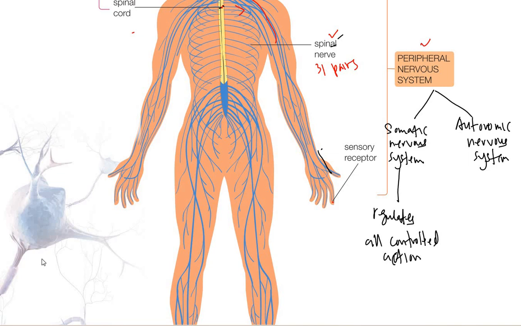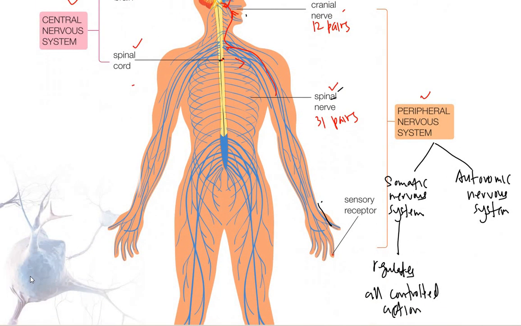So maybe the sensory receptor here detects the stimulus. The impulse will flow into the cranial nerve. We go to the cranial nerve and then go to the brain, to the cerebrum. So this is for the control action.